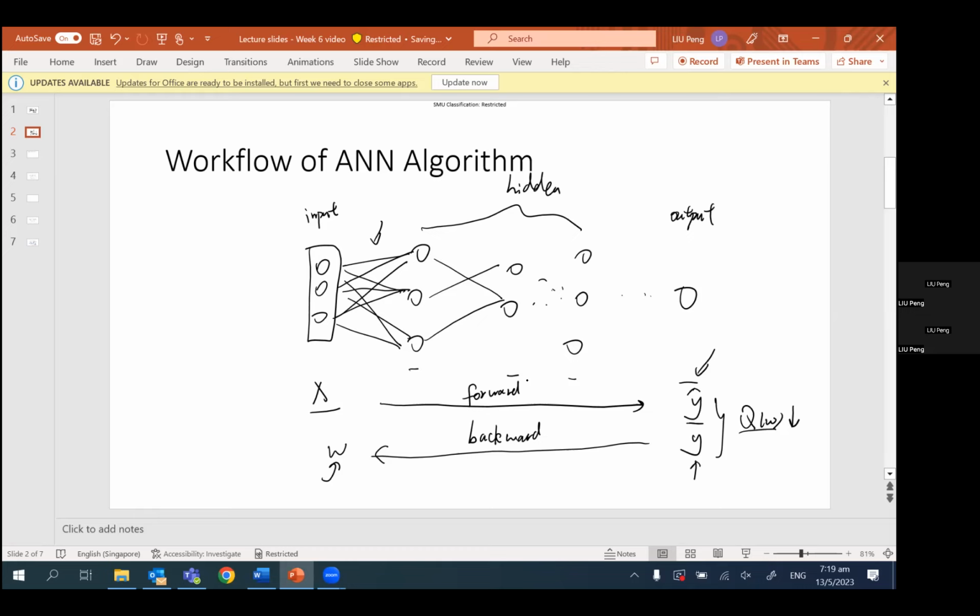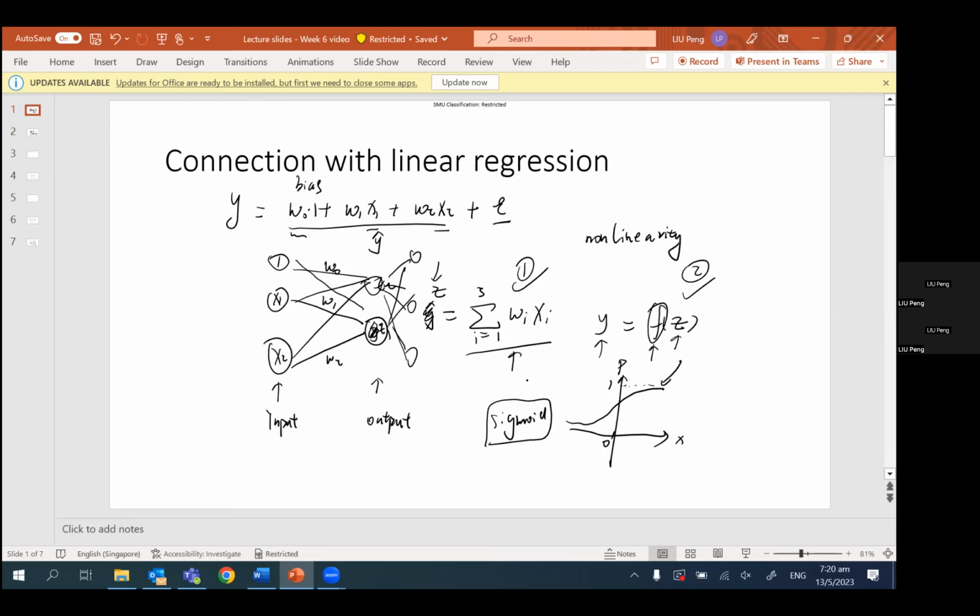And with this cost, depending on how big or small it is, it will be passed backwards to the weights through an algorithm called gradient descent or stochastic gradient descent. Then these weights will be adjusted, and we'll have a new round of iteration with new x. Then this training continues. So this is the overall training procedure.